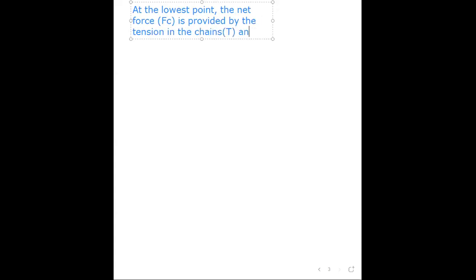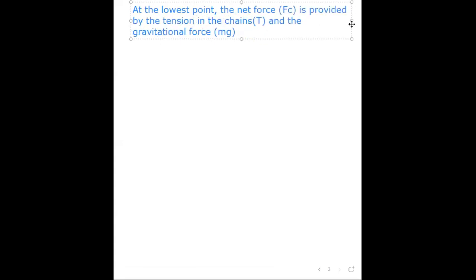At the lowest point, the net force FC is provided by the tension, so FC is equal to tension plus mg.